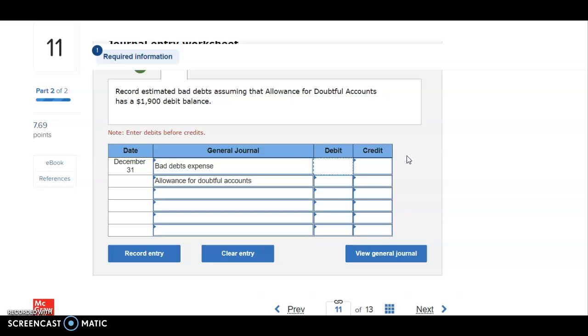So that amount is $38,800. You would then subtract that $1,900 from it, which would give us our ending adjusted balance of $36,900.